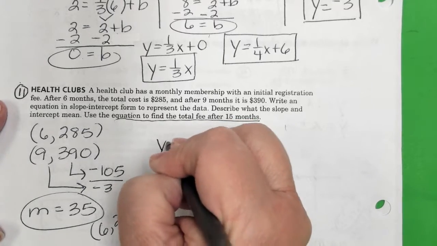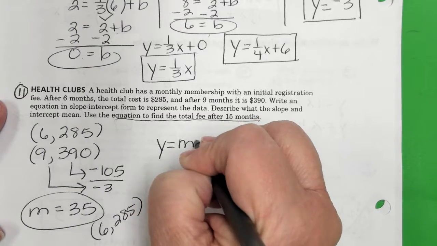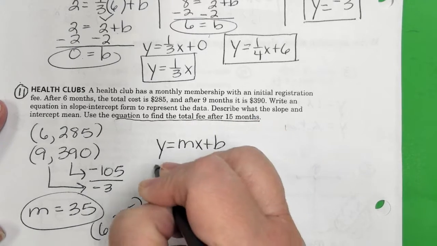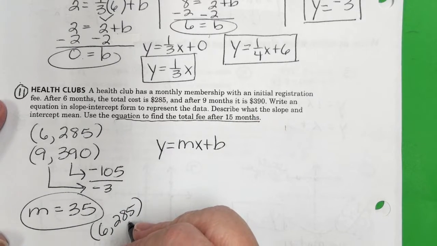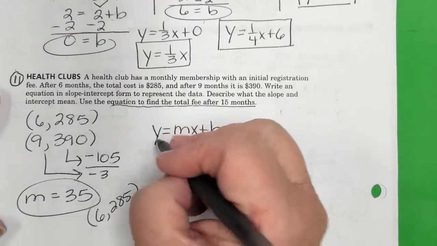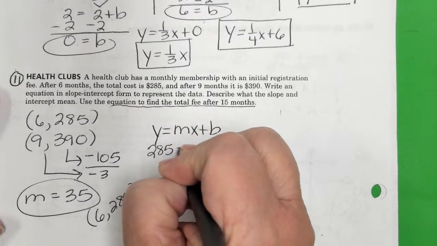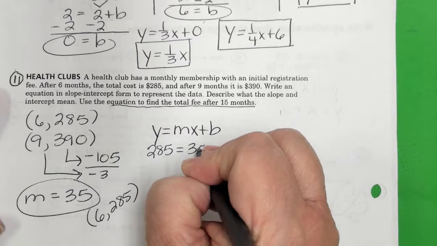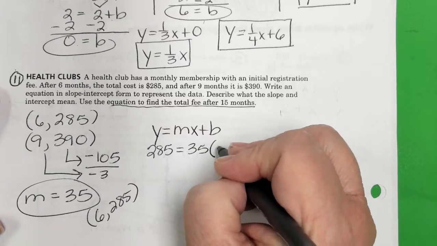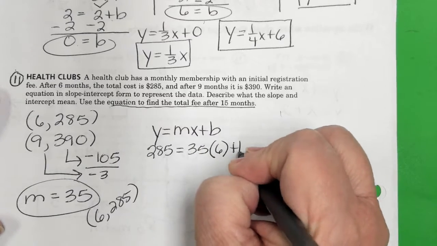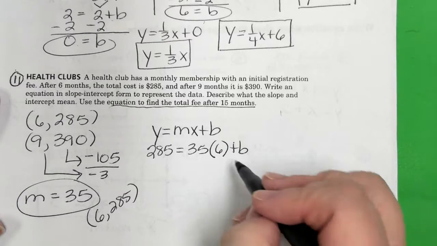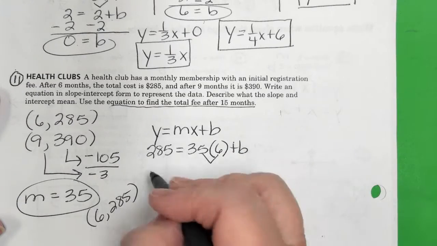All right, substituting our values into our equation. Y, remember y is the second value in our ordered pair. That's 285. Our slope is 35 times x, which is 6, plus b. Now we're going to solve this equation for b. First multiply.